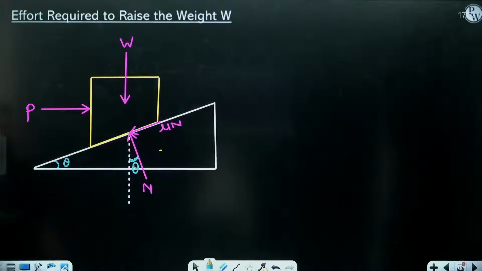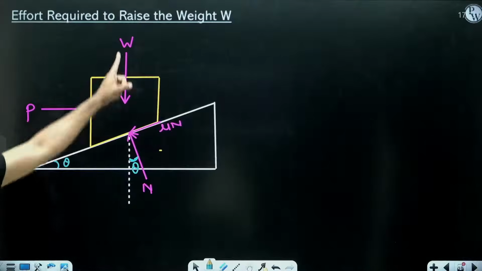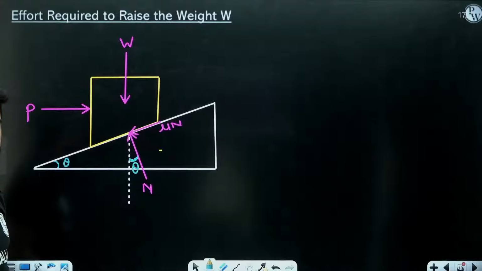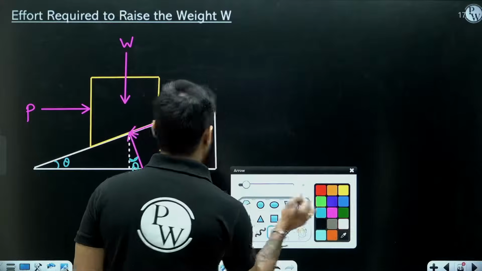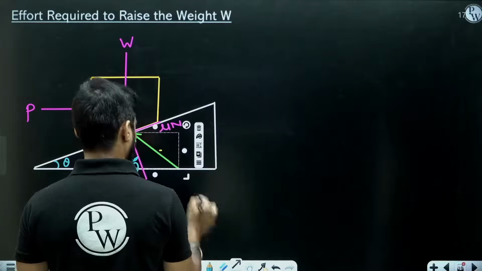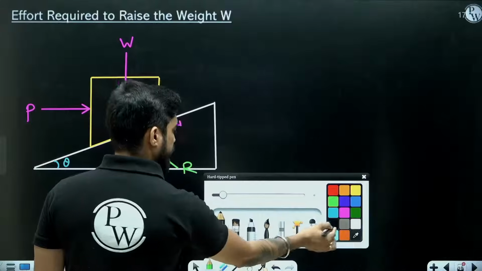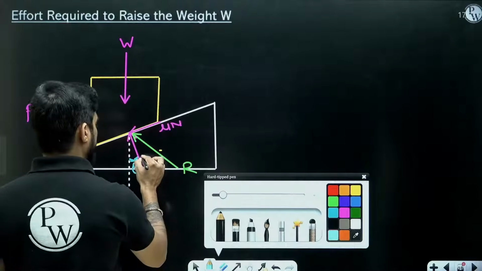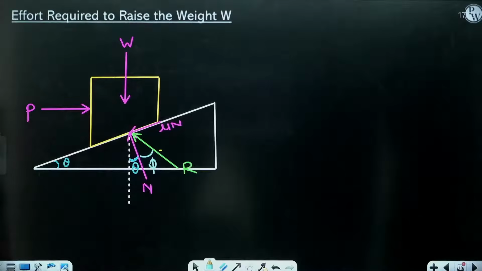You can either use summation of Fx and summation of Fy to calculate P in terms of W, or you can take the resultant of N and mu N. So let's say this is the resultant of N and mu N. This is R, and this R is making the angle phi with normal, right?